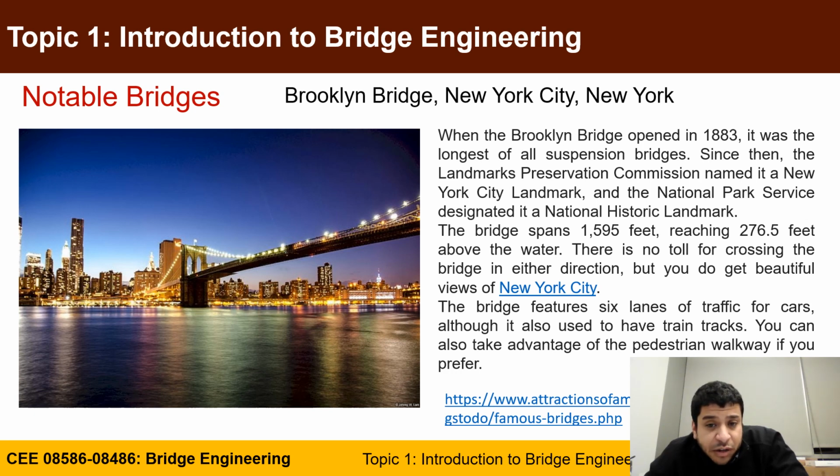For example, this is the Brooklyn Bridge, which opened in 1883, and it was the longest suspension bridge at that time. One of its spans is up to 200 feet, and it reaches a height of 276.5 feet above the water level.